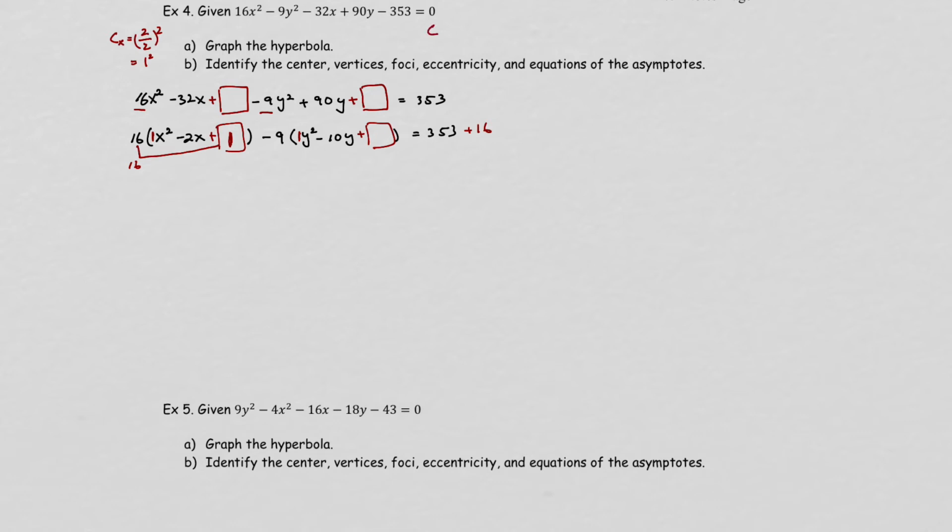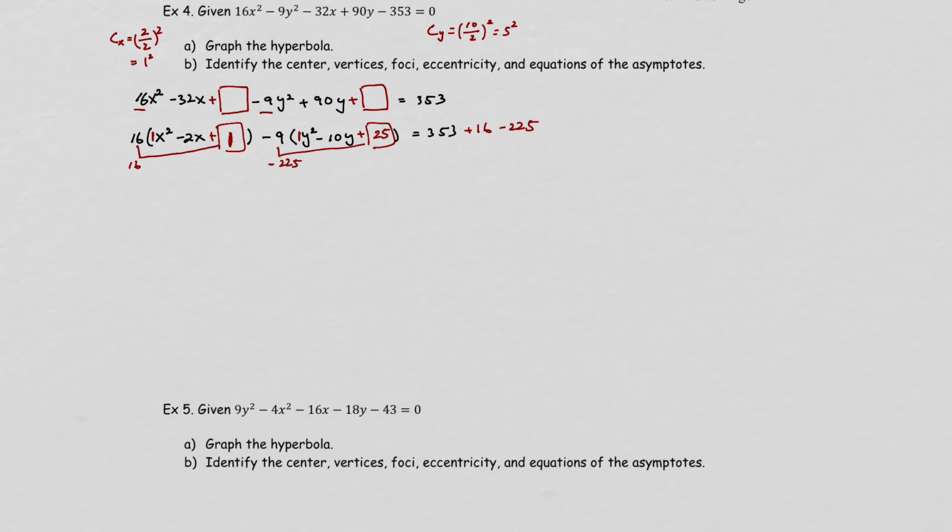For the new c for variable y, your b is 10, (10/2)², so it will be 5². That gives you 25. And when you're multiplying −9 with 25, you get −225, so you need to subtract 225 on the other side.